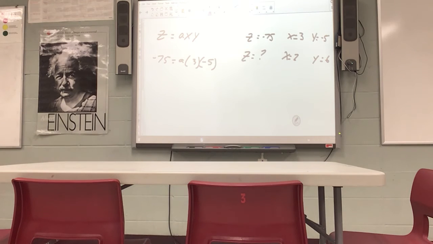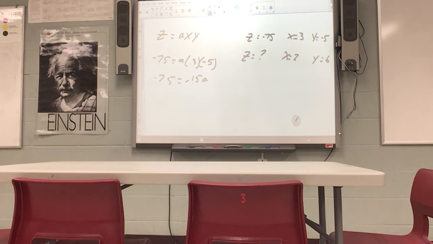Okay? So there you've got 3 times negative 5, so you know that's negative 15. So you've got negative 75 is equal to, you could write a times negative 15, that's fine if you want to write it that way. I usually write the number before the variable because it's the coefficient, so I'm going to write negative 15a.